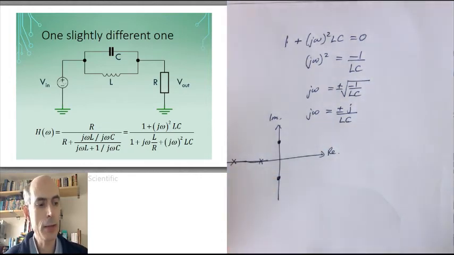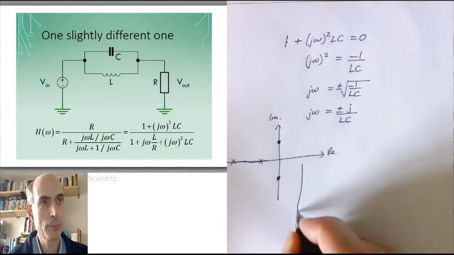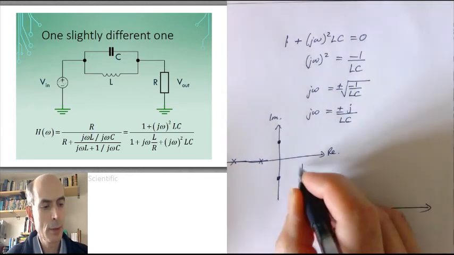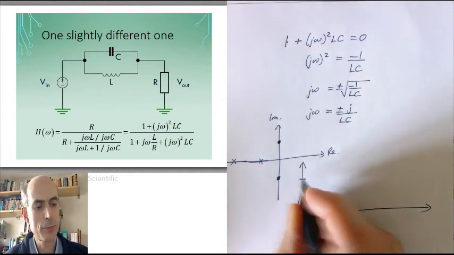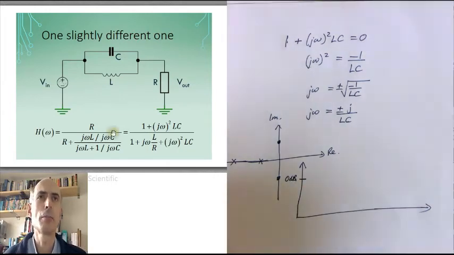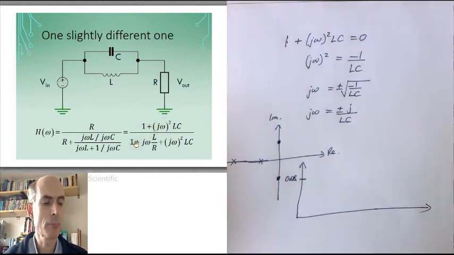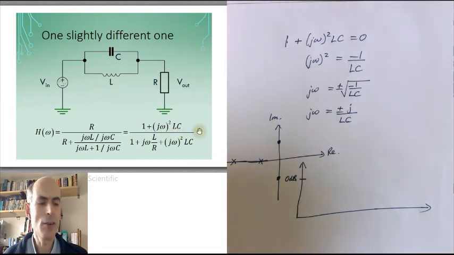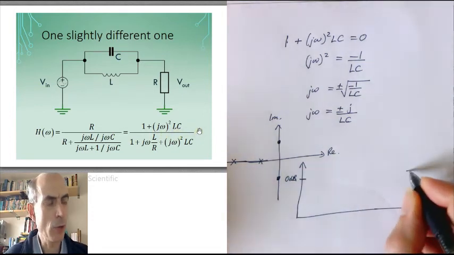So what we would expect the frequency response to do would be to start off at 0 dB, because if we look at this expression here, we can see that if omega is 0, that's just going to give 1 over 1, or 0 dB. You can also see that it's going to end at 0 dB as well.